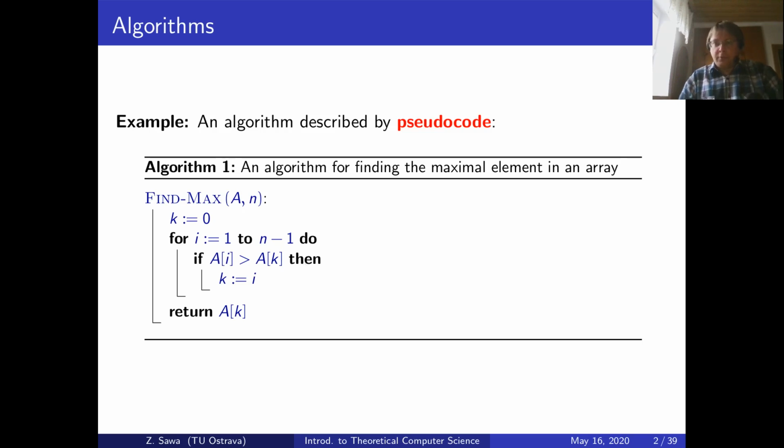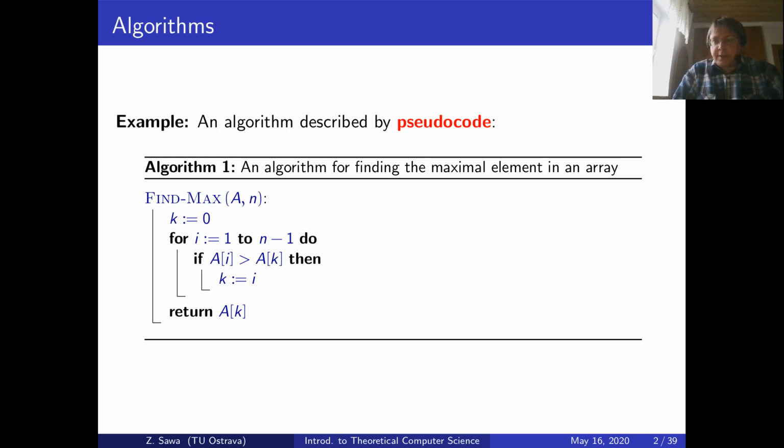On one level of abstraction, algorithms could be described as code in some programming language or even as machine code that is executed by a computer. On the other hand, we could have informal descriptions of algorithms in the form of sentences in natural language. One thing that we will sometimes use in descriptions of algorithms is so-called pseudocode, which is something in between.